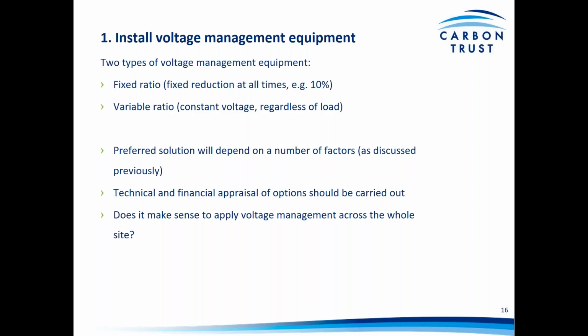And the other option is that you have variable ratio, where you are basically just saying that you want a constant voltage regardless of what the electrical load is. Whichever one of these options you choose will depend on a number of factors, some of which we've already discussed.